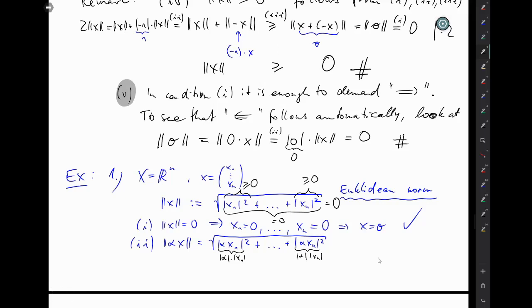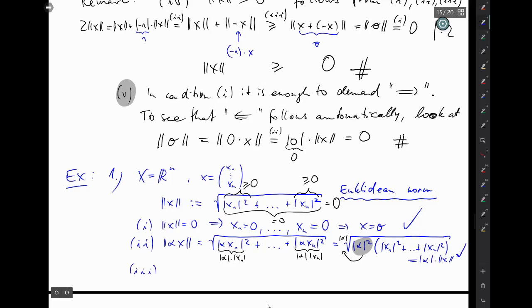And then you can get modulus alpha squared out under the root, so you have modulus alpha squared, and then you're left with modulus x1 squared plus and so on modulus xn squared. And then the last thing you have to do is just to get this modulus alpha squared out of the root as a modulus alpha, and there's your result. Okay, so also property 2, check.